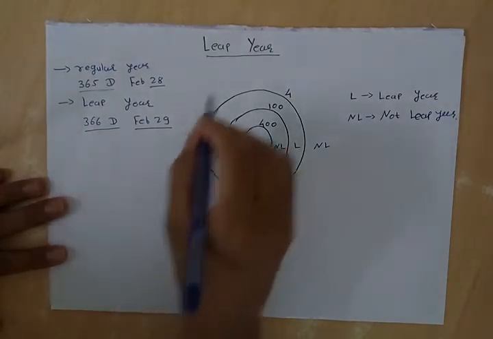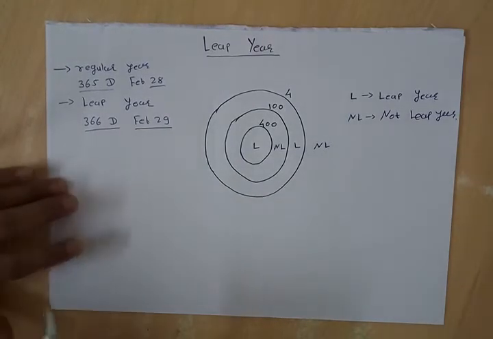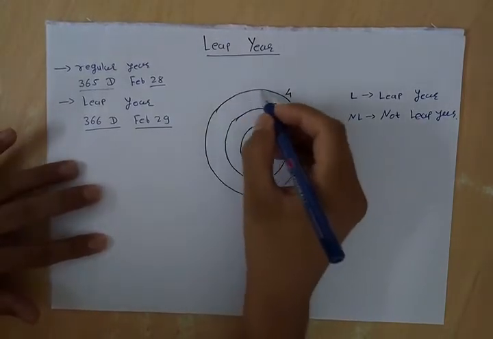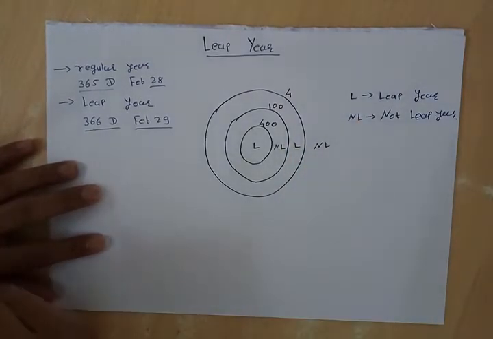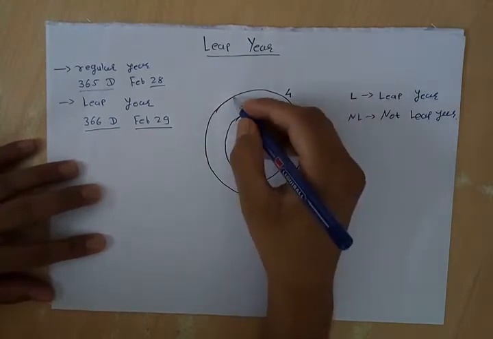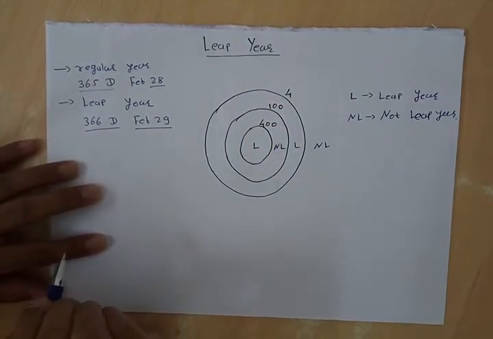Now, using this diagram, we can identify whether a given year is a leap year or not. This bigger circle describes every number which is divisible by 4. Inside this bigger circle, we have all the numbers which are divisible by 4.